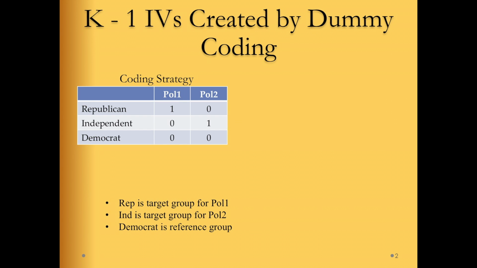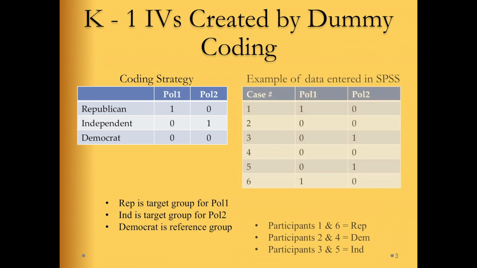That would make independents the target group for this new variable. Because Democrats would be scored 0 in both variables, they would be the reference group for both of the new predictors. So pol1 would contrast Republicans and Democrats, and pol2 would contrast independents and Democrats. On the right side of this slide is an example of how we would code these variables in SPSS.